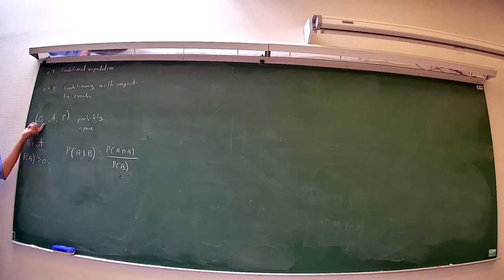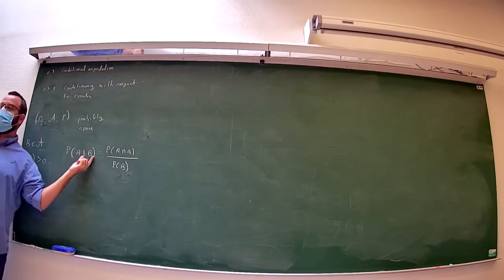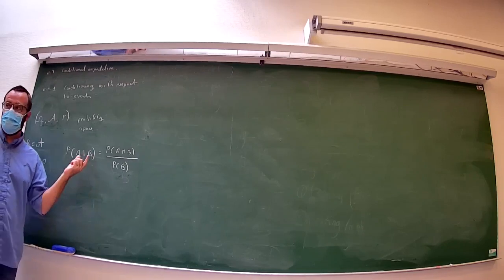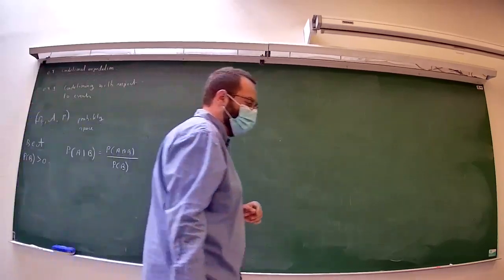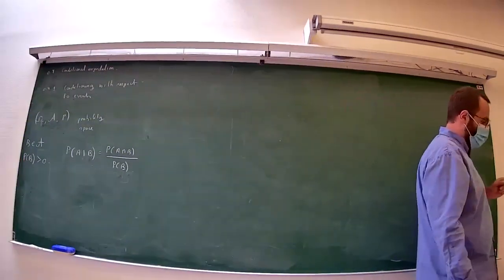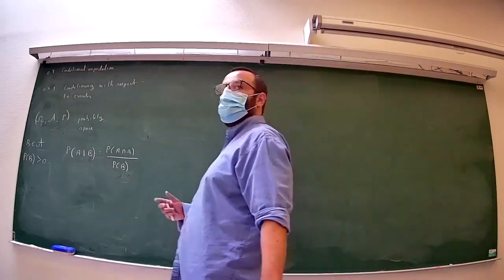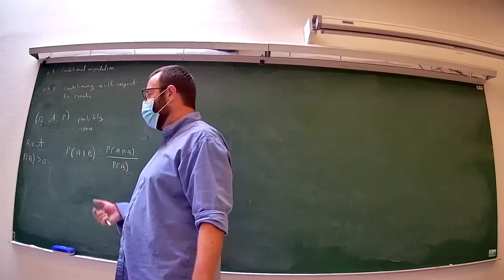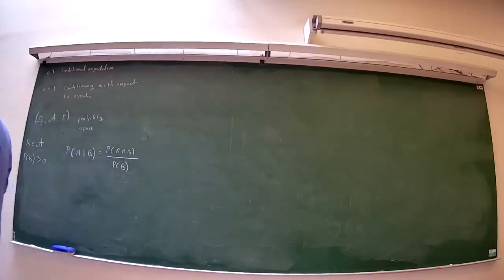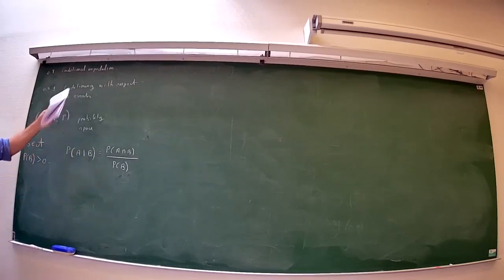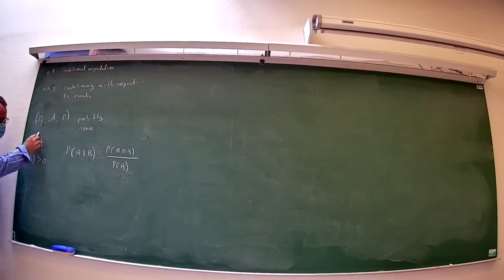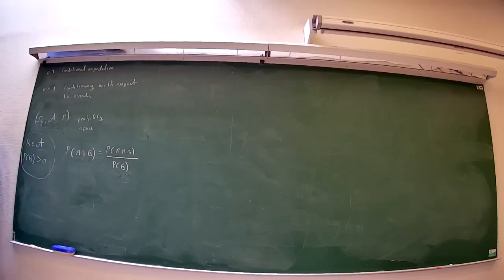You pass from the universe omega to another universe that is B. So this notion of conditional probability is related to a change in the definition of my universe. This is the conditional probability of a set with respect to another set, with the only constraint that P of B is strictly positive.